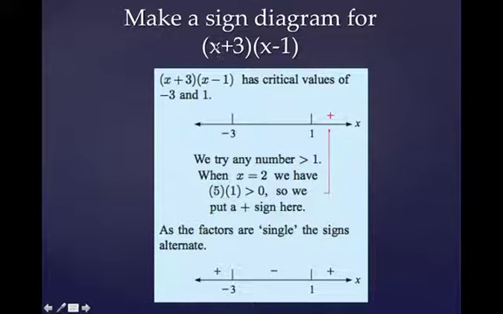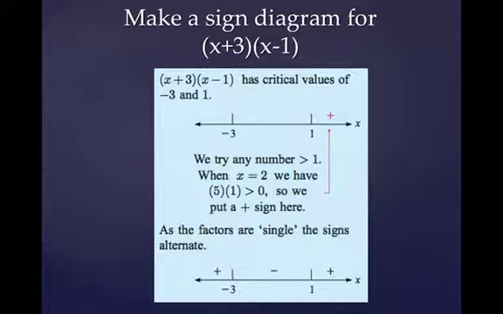So this has to be -3 and this has to be +1. And then because this will be a positive x squared, we know that the graph will kind of look like this, U-shaped right there. So then we have positives on this side, a negative on here, and a positive here.